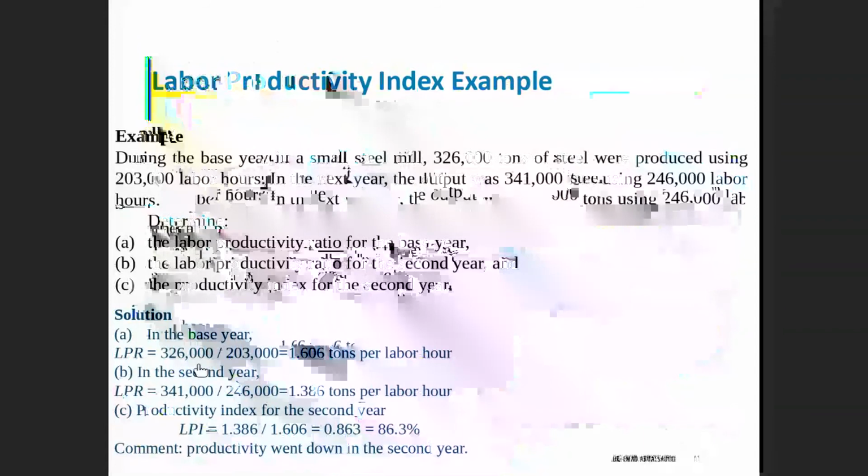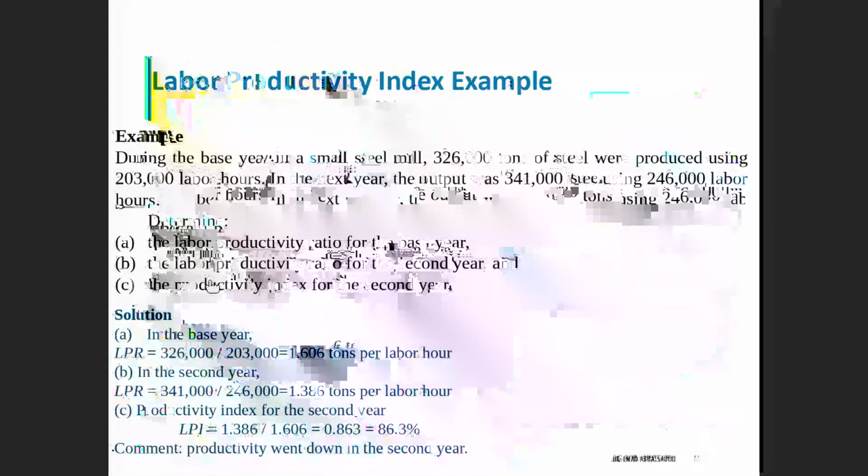So you divide the 326,000 over the 203,000 labor hours. You divide the number of tons of steel you produced over the number of hours, and you find the ratio for the base, LPRB.